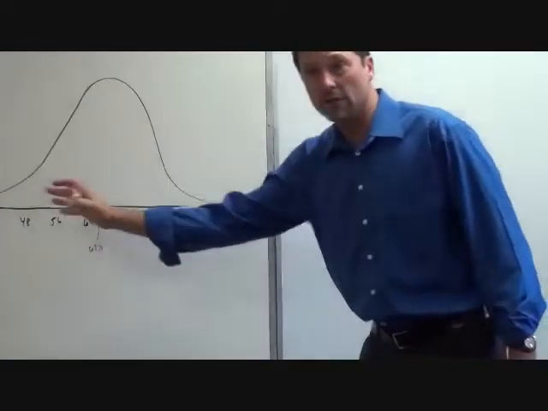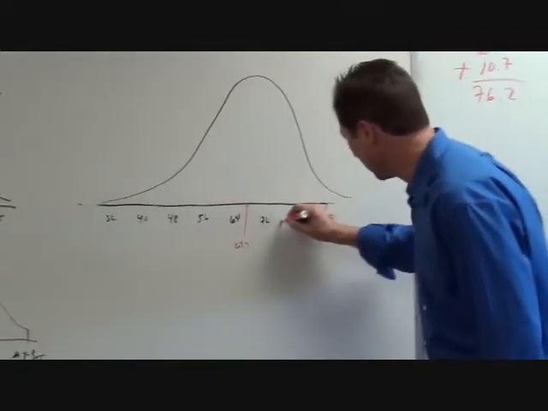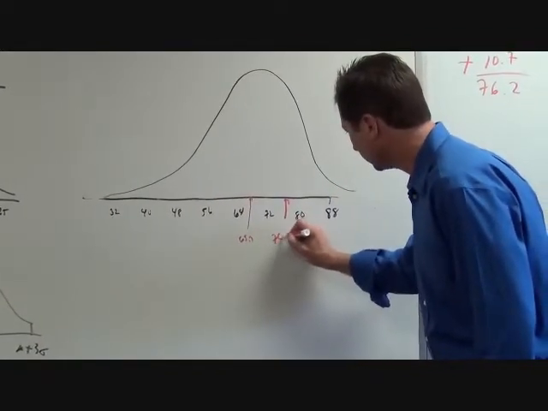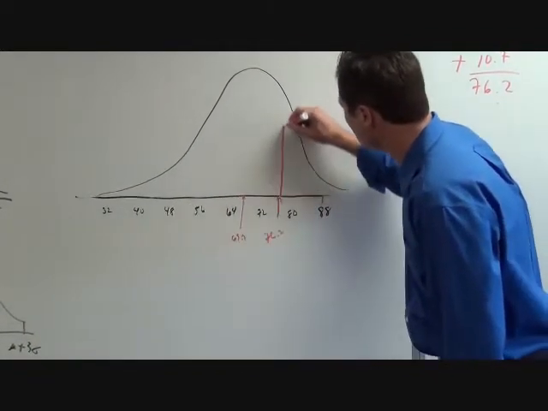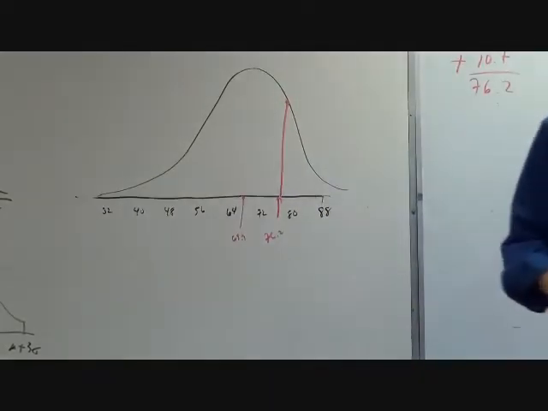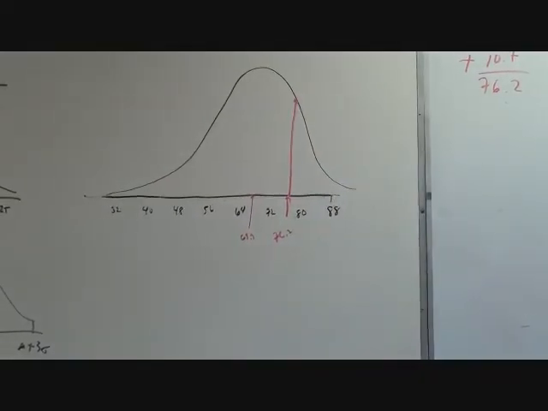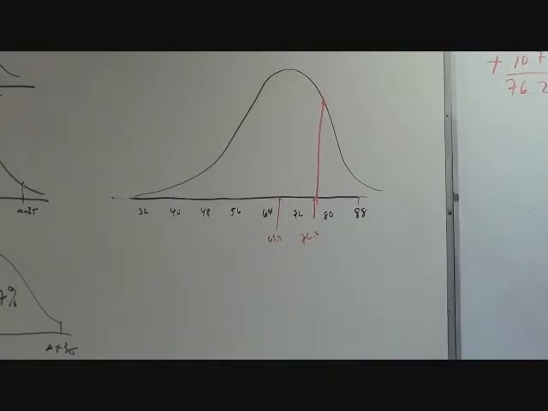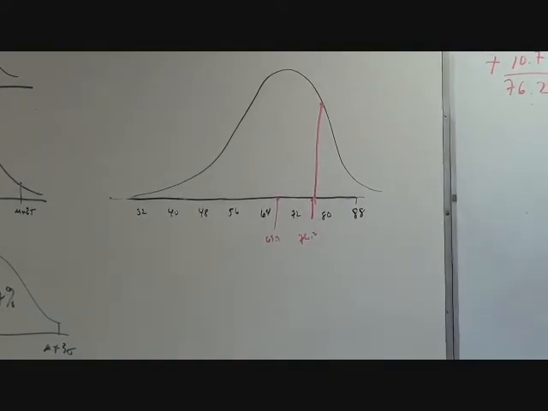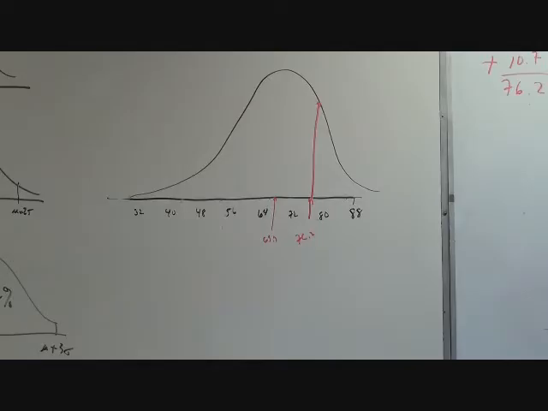So let's go find 76.2. That's right about here. Let's look up. Would you call that an inflection point as you see it on page 86? Did you see it changing directions? I don't think so.